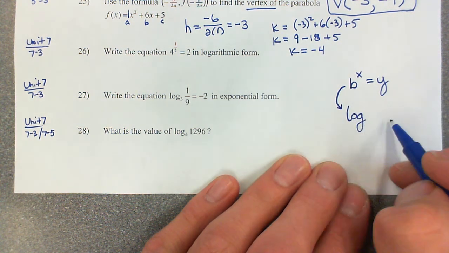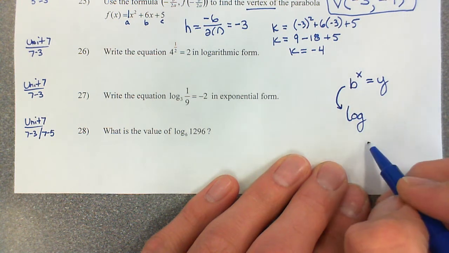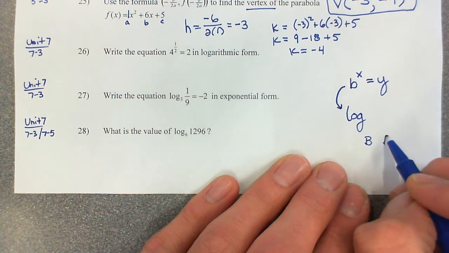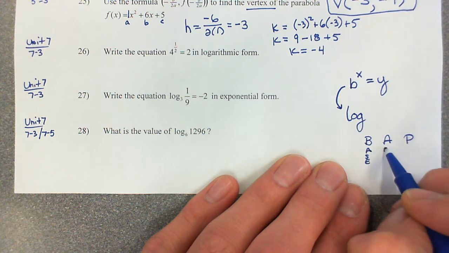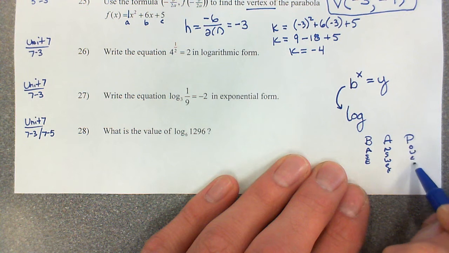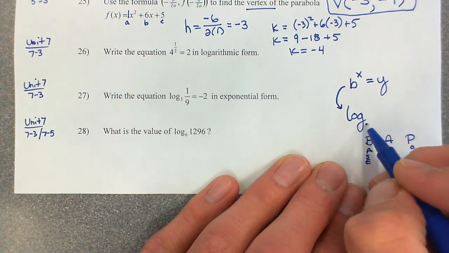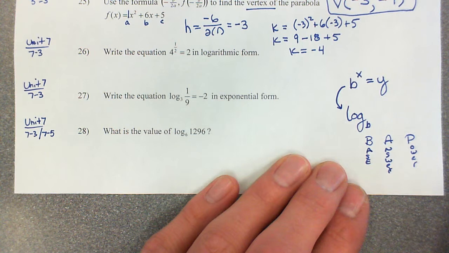So the values here, these all represent numbers, go in the order of base, answer, power. This is base, answer, power. Okay. So the first number, which is a subscript, is going to be your base. That's going to be down below.